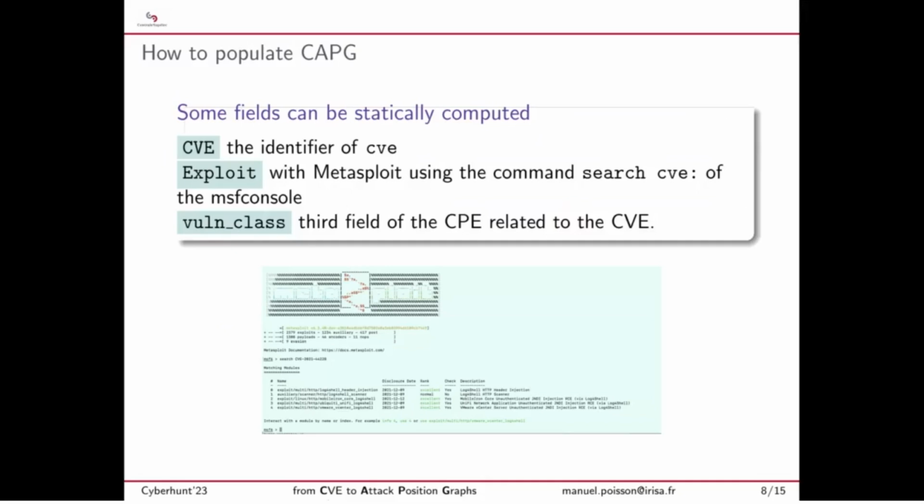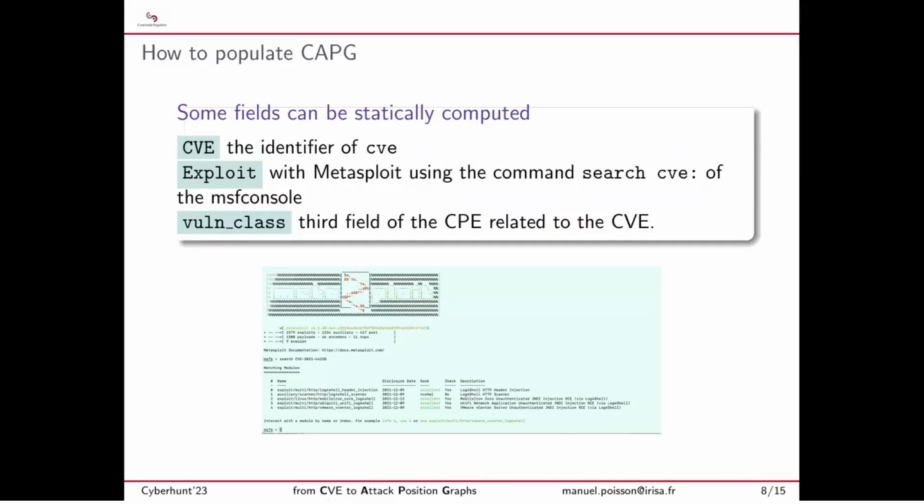The link to the exploit can be gathered using Metasploit, a framework gathering different exploits. We can use the command search CVE, and given a CVE ID, it will return the related exploits.